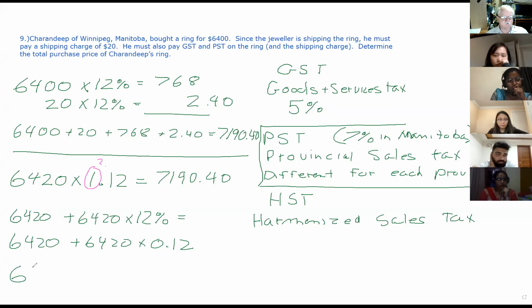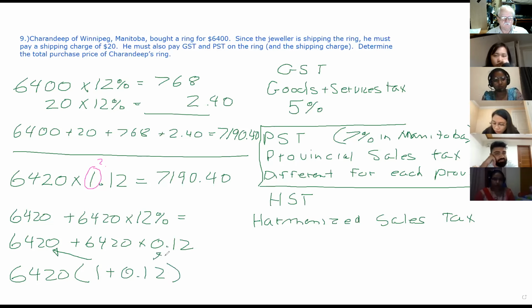So 6,420 outside of 1, which is this, plus 0.12, which is this. And then we joined them together. So 6,420 times 1.12. And you'll see that an amazing number of times you won't need to go through all this.